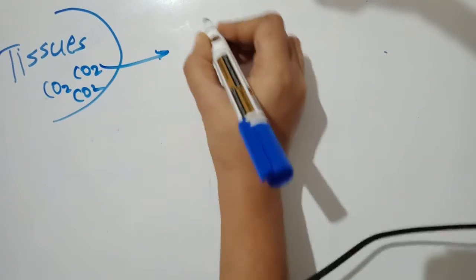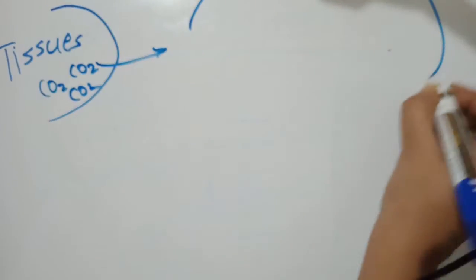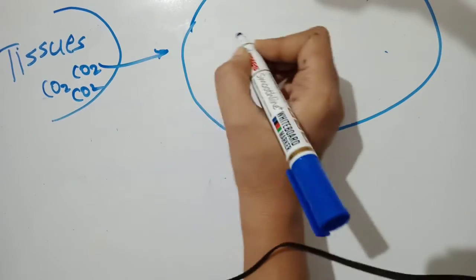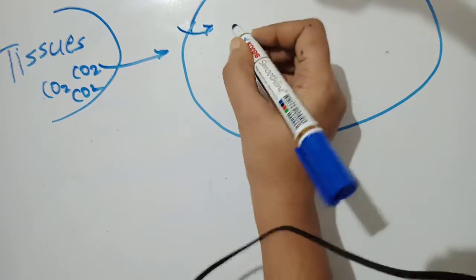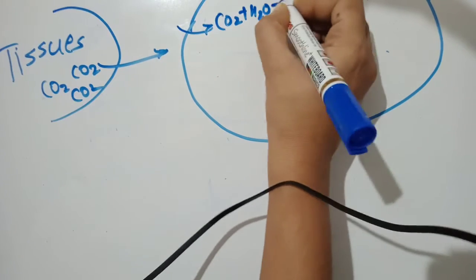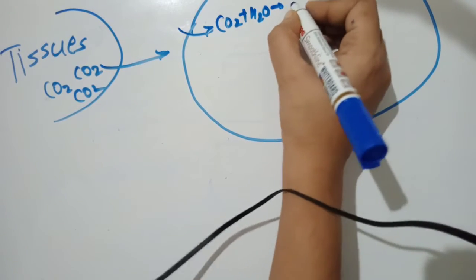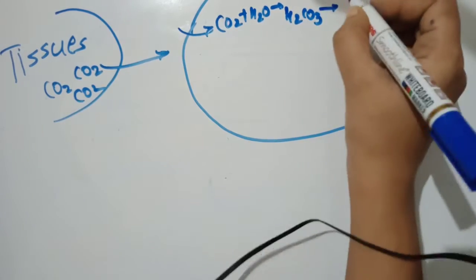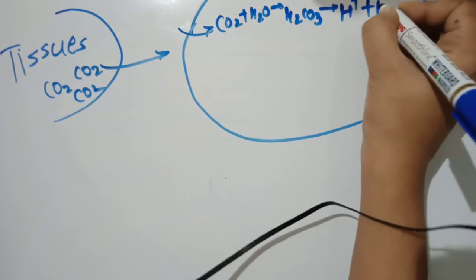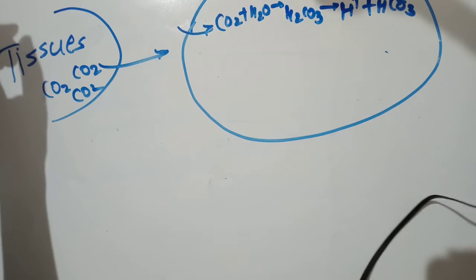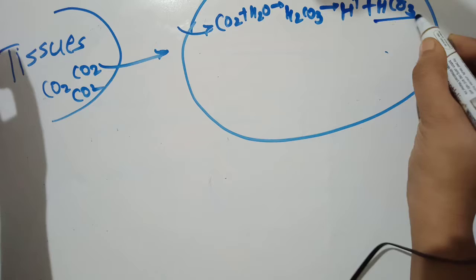The carbon dioxide gets diffused into the RBC. You know the pathway: with H2O, H2CO3 is formed, and it converts into H plus and HCO3 minus. This is the way it is converted into bicarbonate.